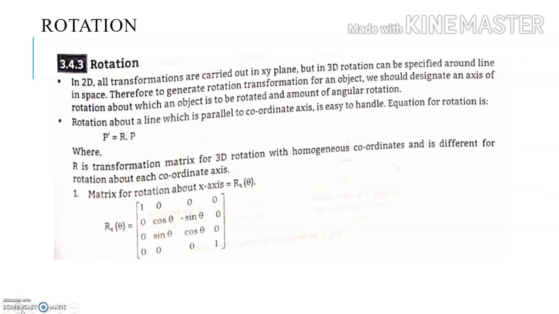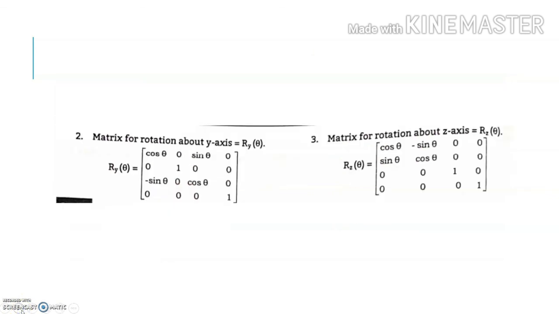You should learn this formula by heart. Then the matrix for rotation about the y-axis: R of y theta equals this matrix. And R of z theta is the matrix for rotation about the z-axis.